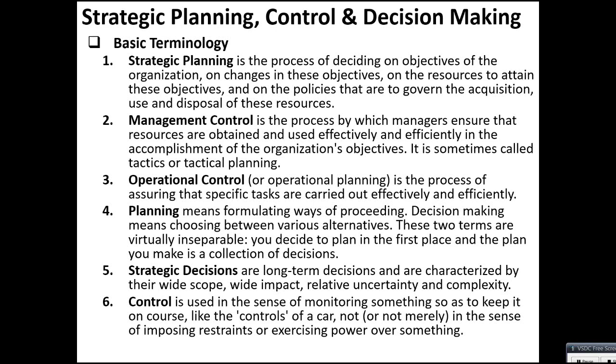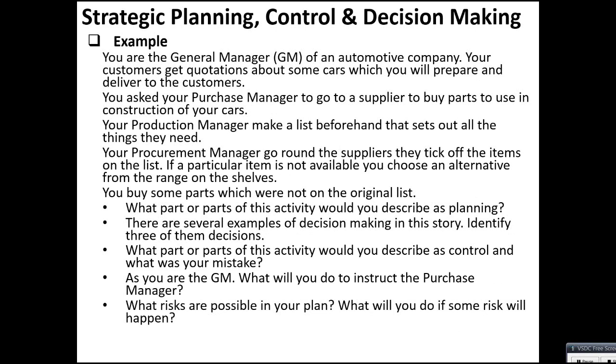Then you will make a decision: I will go by road number 1 or number 2 or number 3. You select that road number 2 is the best for you. So you make a plan for your tour on that. And your control is what should be your speed, how fast you should go. This is an example of control.